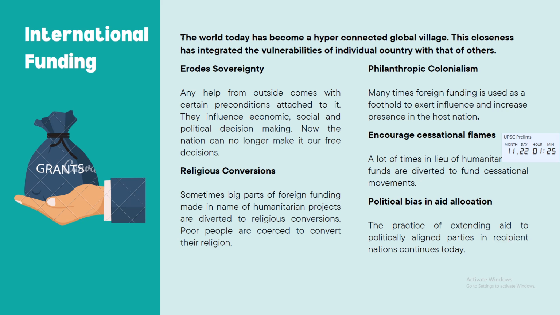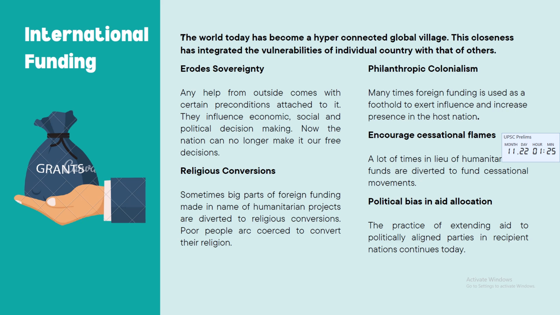Encourage sensational flames. A lot of times, in view of humanitarian aid, funds are diverted to fund sensational movements, like foreign funding from certain nations, we can also say Canada, to encourage the Khalistan movement in India. So that's encouraging the sensational flames. Political bias in aid allocation.